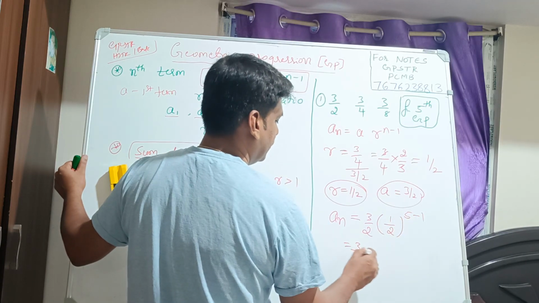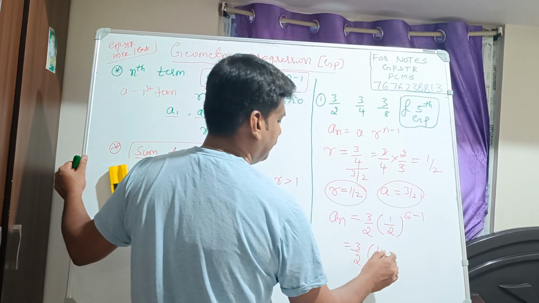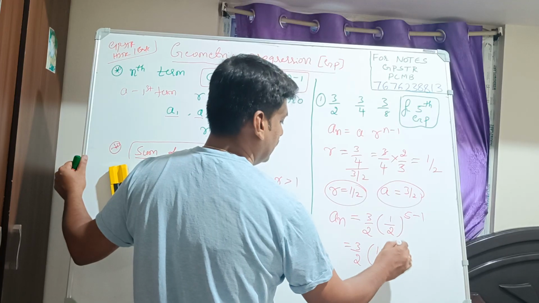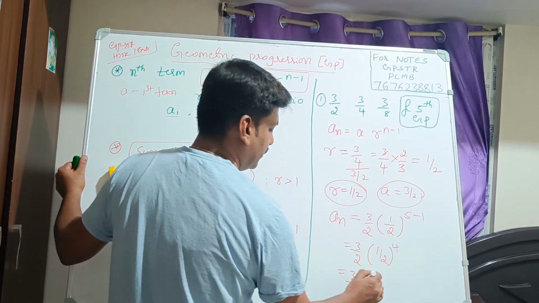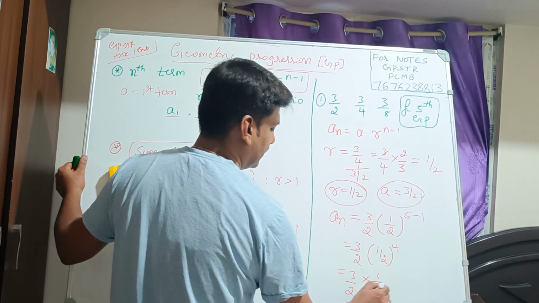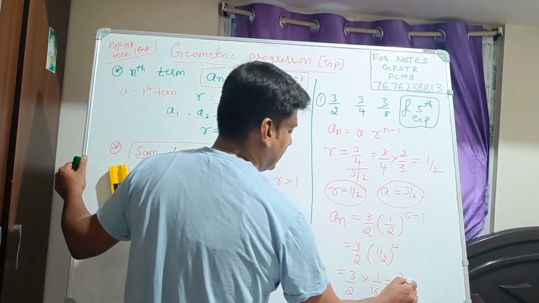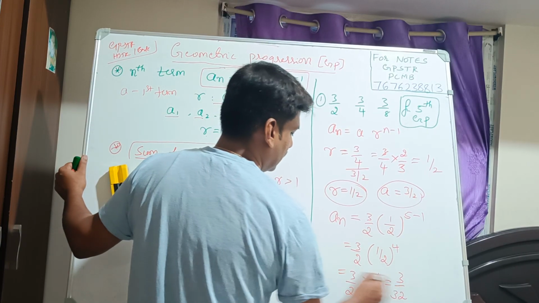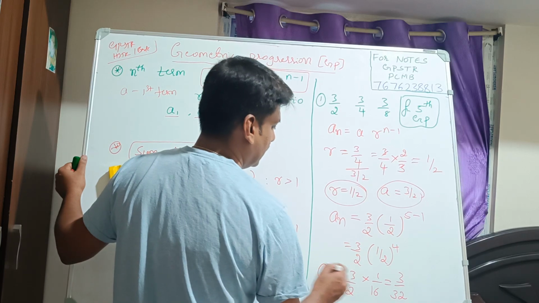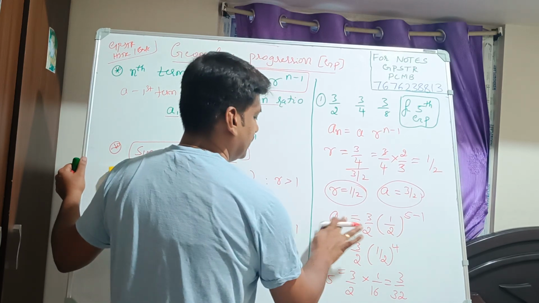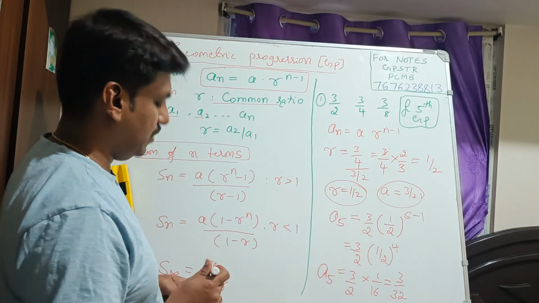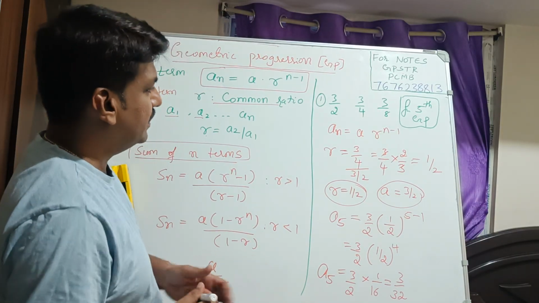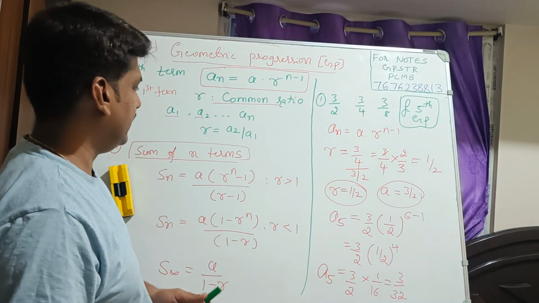So it is 3 by 2 into half to the power 5 minus 1, which is 4. So it is 3 by 2 into 1 divided by 16, so it is 3 divided by 32. So the fifth term is 3 divided by 32. This is how we have solved the problem with the help of this formula.